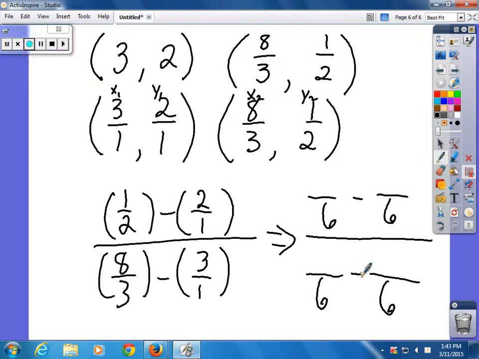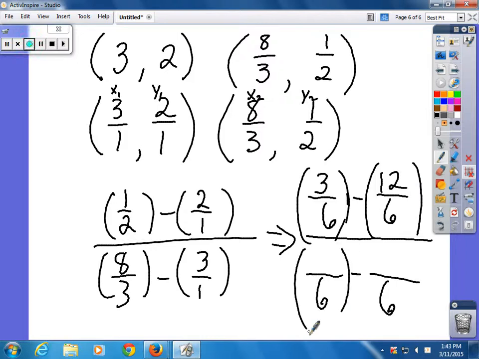How many times will 2 go into 6? 3 times 1 is? How many times will 1 go into 6? 6 times 2 is? How many times will 3 go into 6? 2 times 8 is?